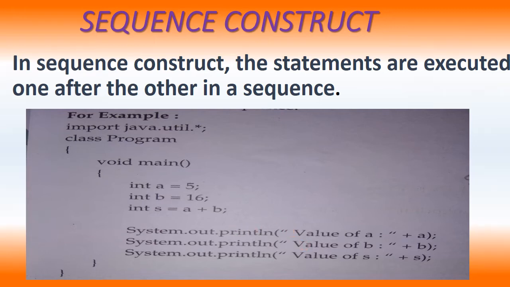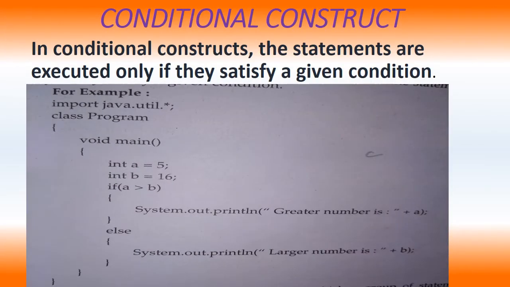Okay. Then the next type of programming construct is the conditional construct. In a conditional construct, the statements will execute only if they satisfy a given condition, not like the sequence construct, where all the statements execute one after the other as given in the program.